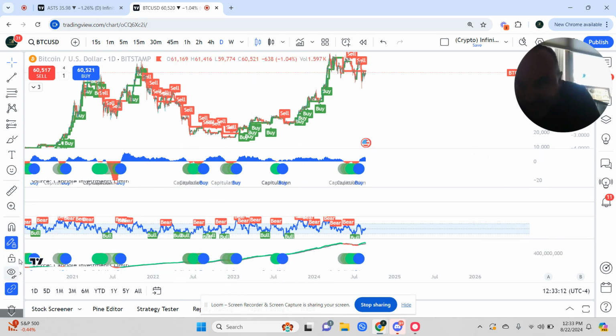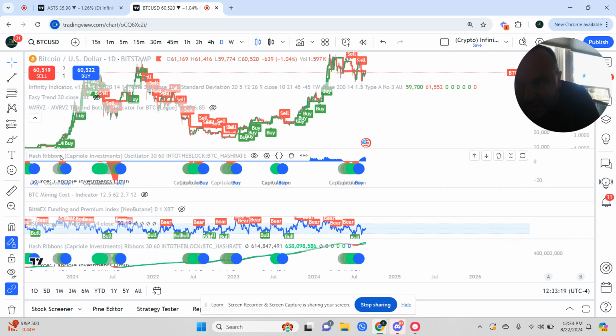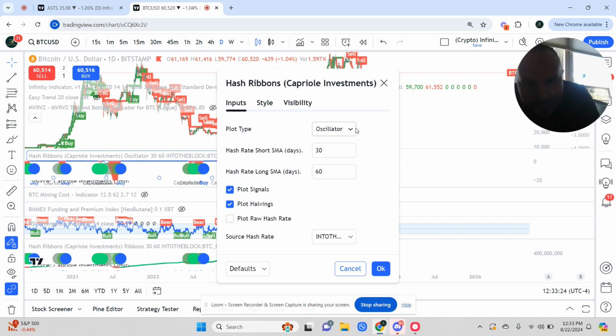For me, what I did is I went in and changed the settings. You go to the hash ribbons, go to your settings, and you can either put it on ribbons or oscillator. I can never say it. So you can either have it on oscillator or ribbons.